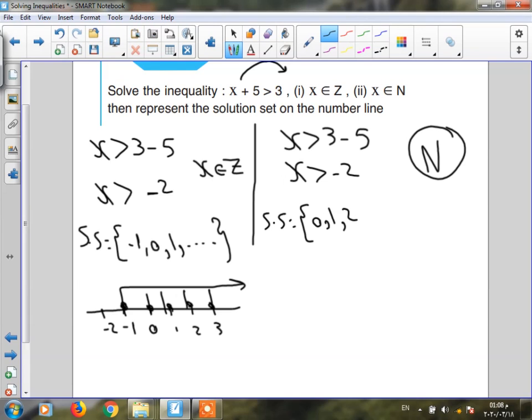I can't take negative 1 because negative 1 is not a natural number. And for the number line, you can start at 0 here because the number line of natural numbers has no negatives. 1, 2, 3, 4, and so on.